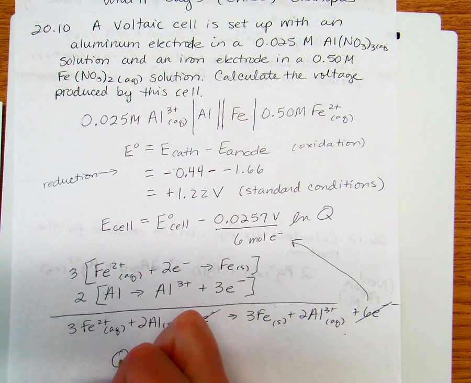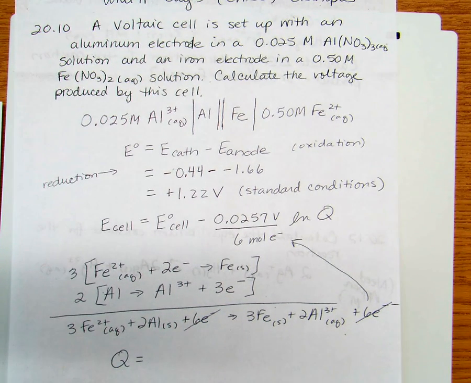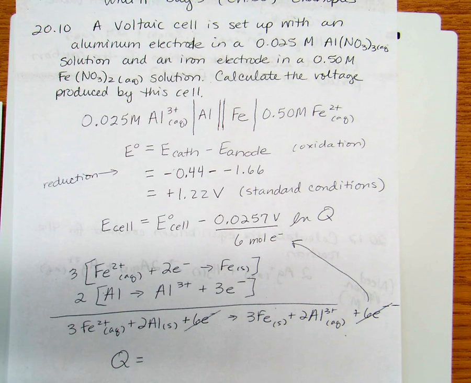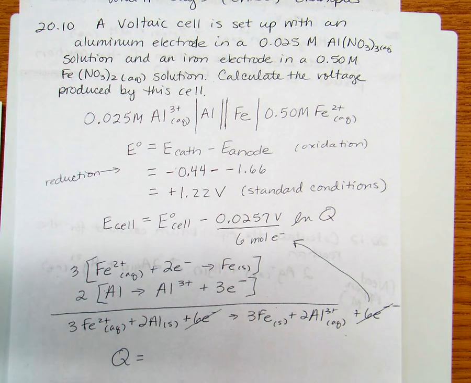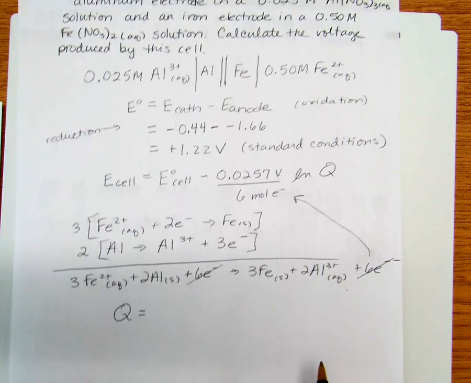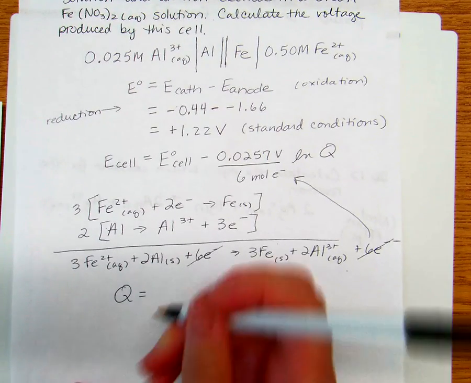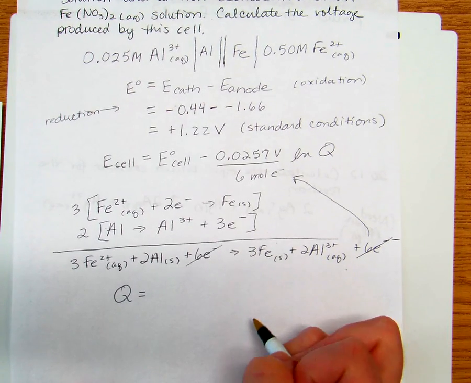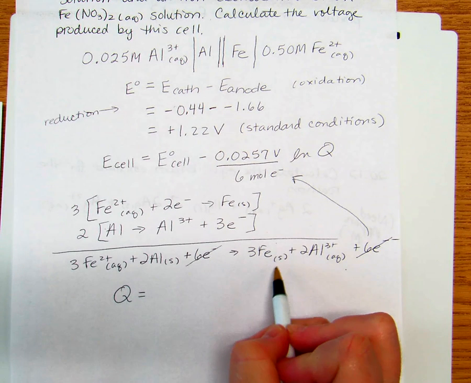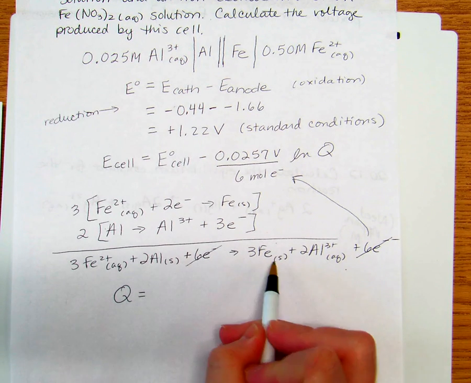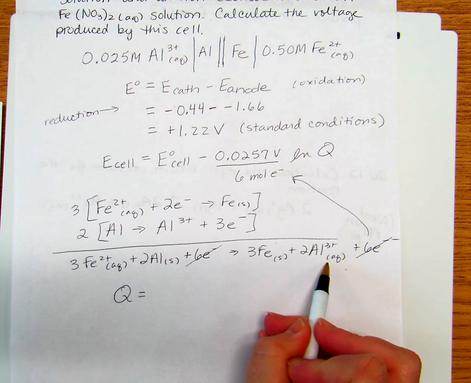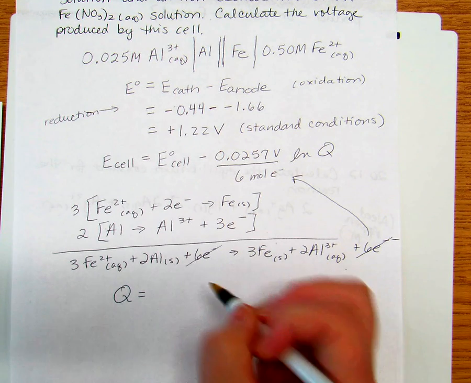Q is our reaction quotient. It's calculated just like K is. And here again is our reaction that we're going to use for that. Remember, for K values and Q's, we don't use the solids, we only use the aqueous solution, so that simplifies it quite a bit.